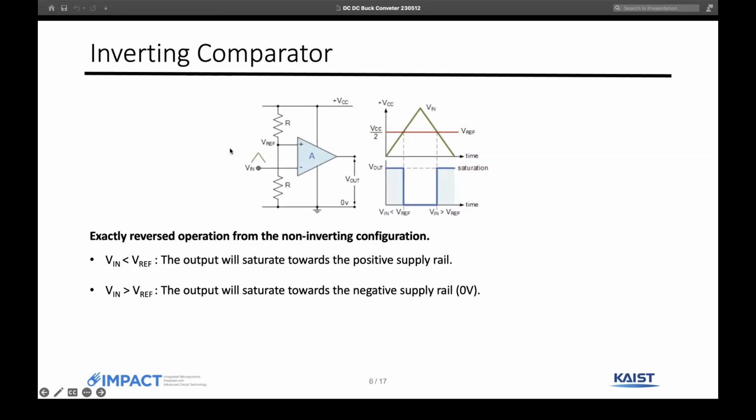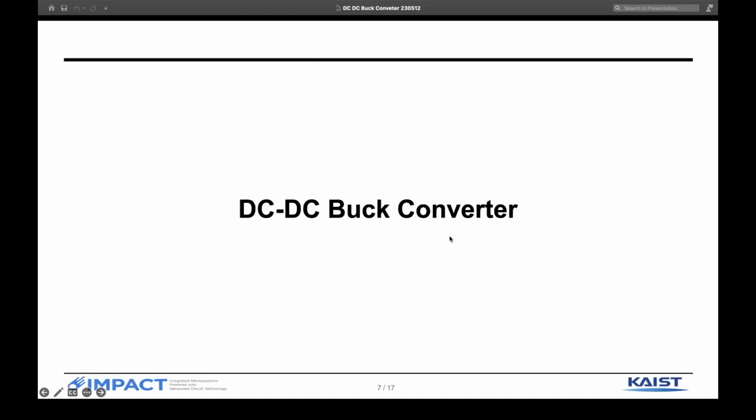In the inverting configuration, the behavior is exactly opposite. Vin is now connected to the inverting side and Vref is connected to the non-inverting side, and the Vout is going to be exactly opposite to what we saw in the non-inverting comparator.